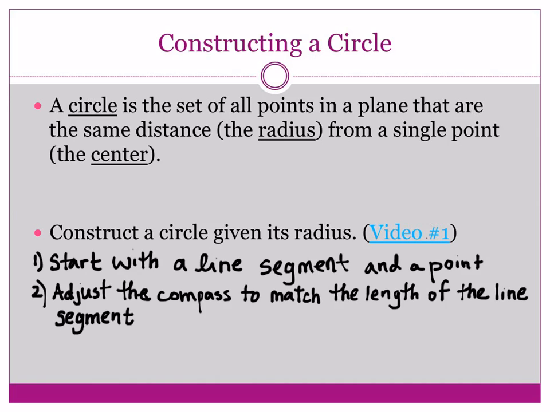Okay, so now we had a compass with the right length or width or whatever you call it. What do we do next? Yeah, and we'll call it the stationary side, the stationary part of your compass. You put the stationary point on the point that you'd created. So we'll call it the stationary end.